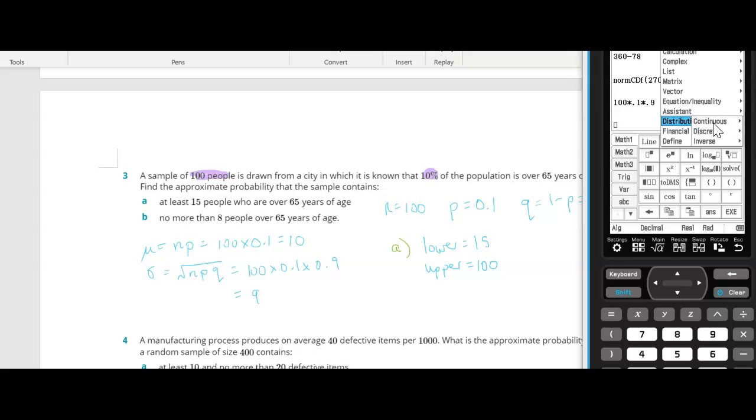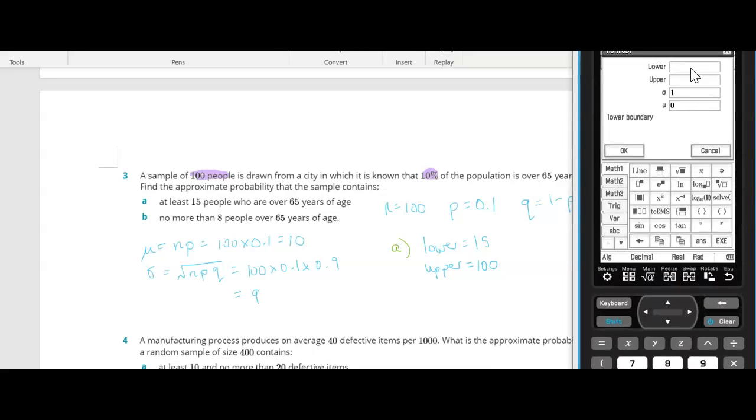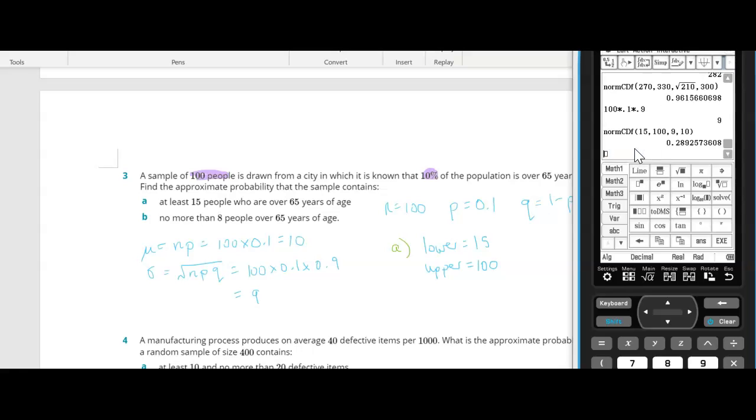Now you could easily do this on binomial as well, but because we're looking at the normal distribution, we're going to do it using the normal distribution, so normal CDF. All right, you can't really see my calculator, so let me just scroll down. All right, so our lower limit is 15, our upper limit is 100, our standard deviation is 9, and our mean is 10. So we get 2893.